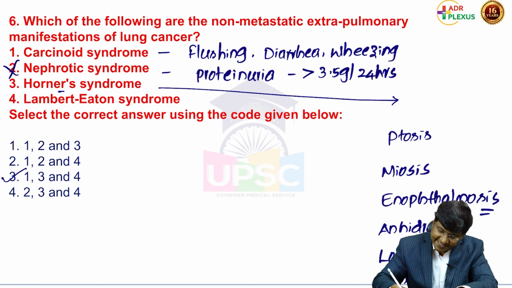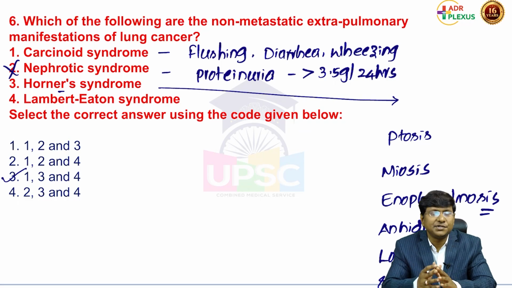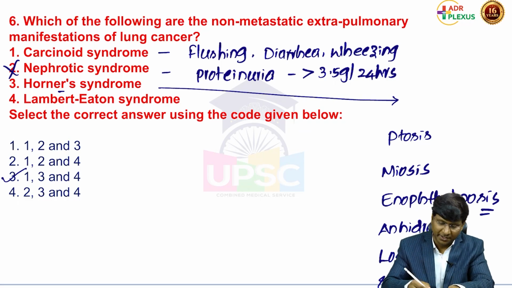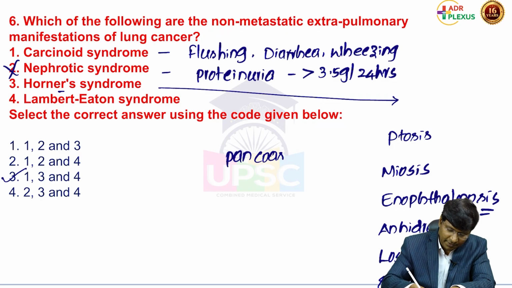So these are the manifestations of Horner syndrome. And in which clinical condition or in which particular tumor do you have this Horner syndrome? It is the consequence of the Pancoast tumor, right?